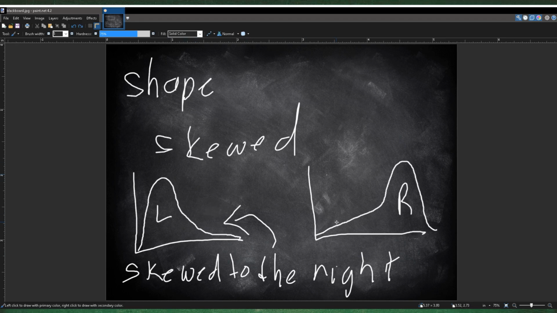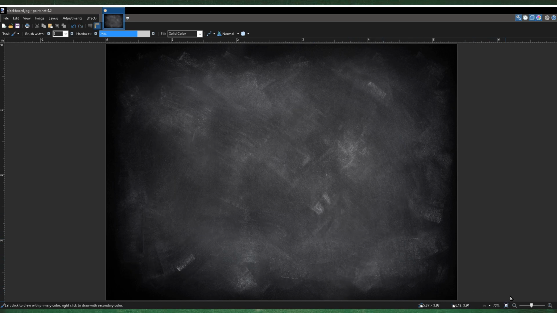And this tail is going to the left, so you call it skewed to the left. It's basically that easy to name. Just find out where the tail goes, and name it based on that. So that is basically for shape.